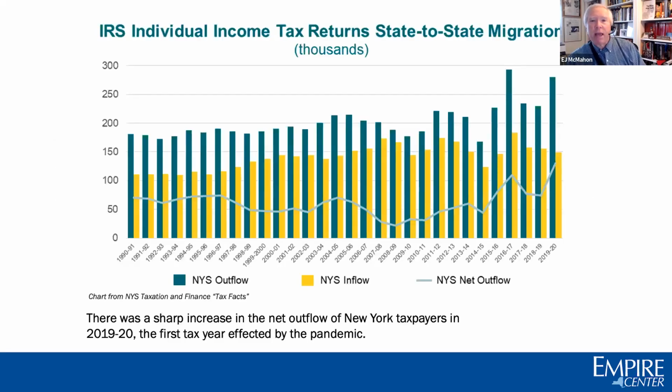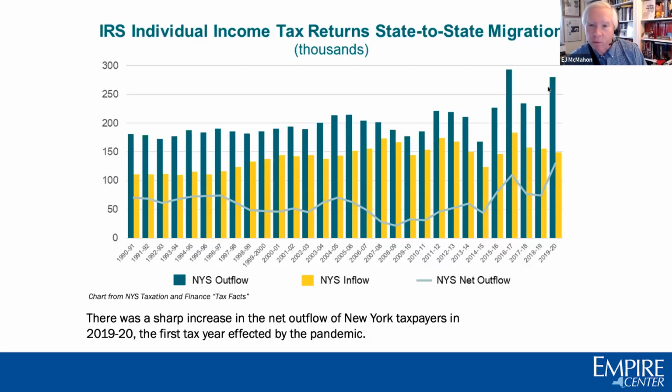Now, shifting to tax data. This is actually the state tax department's chart based on IRS data. If you go back to the early 90s, it shows what the IRS counted as state-to-state migration in and out of New York going back 30 odd years. And as you can see, there was a big spike between 2019 and 2020. Not the largest. The largest was in 2017.